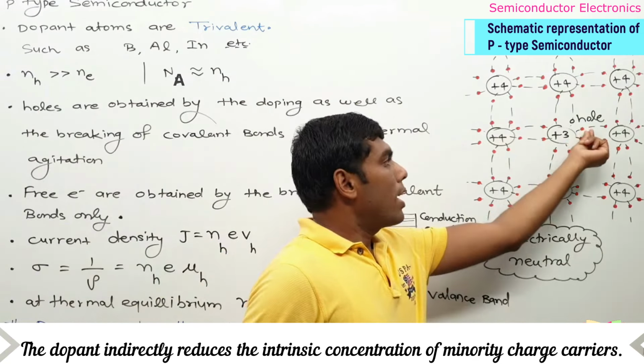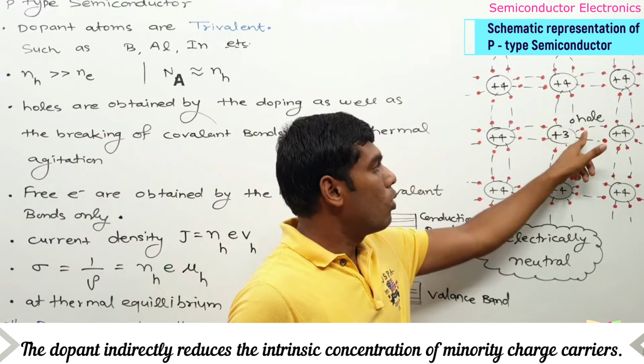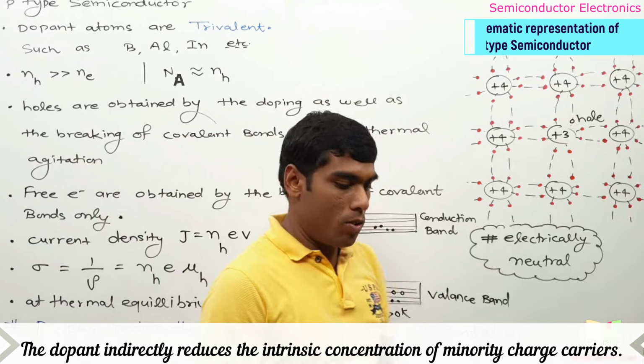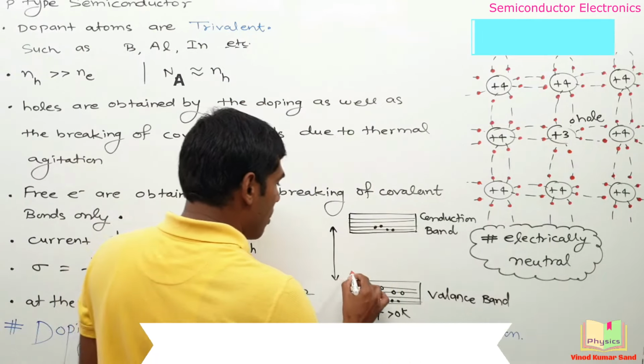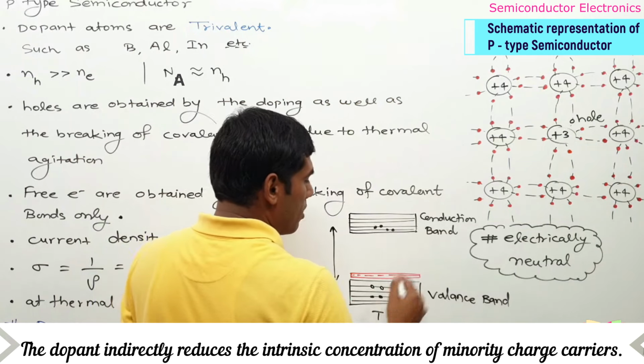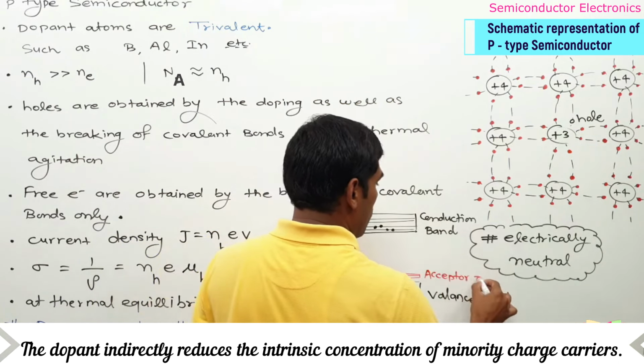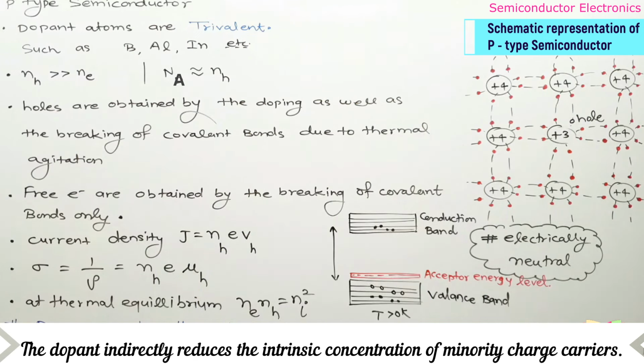Since these holes want to accept 1 valence electron, the acceptor energy levels should be very close to the valence band. This is the acceptor energy level.